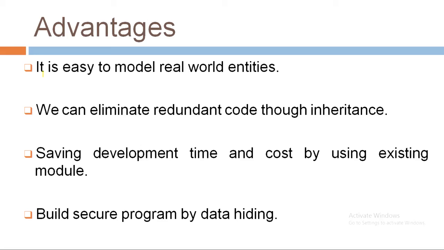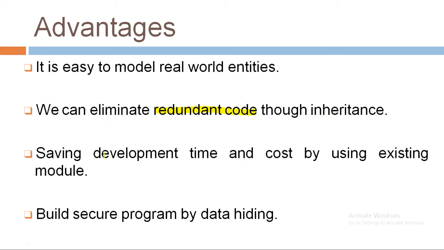Obviously, the object-oriented paradigm is better for implementing real-world systems and problems compared to procedure-oriented programming. The second is that we can eliminate redundant code through inheritance. Redundant means repeated code. If we are writing the same code again and again, it is known as redundant code. To eliminate redundancy from the program, we use inheritance in C++.